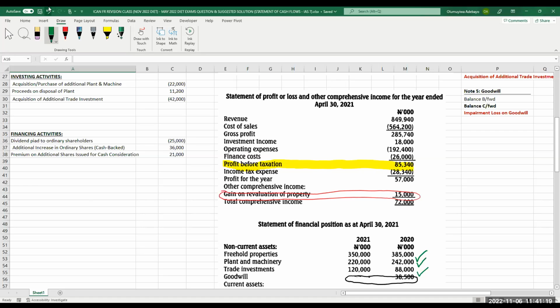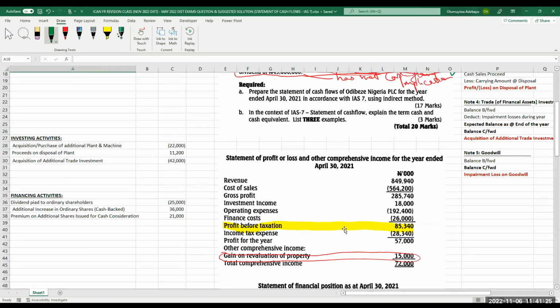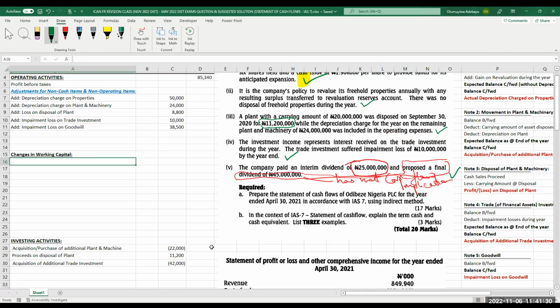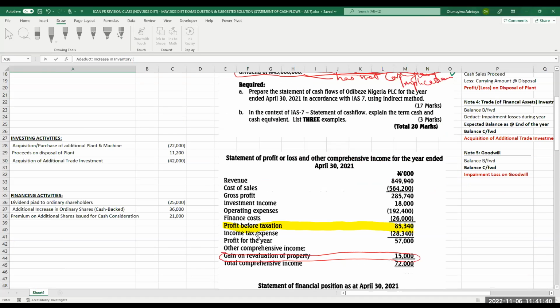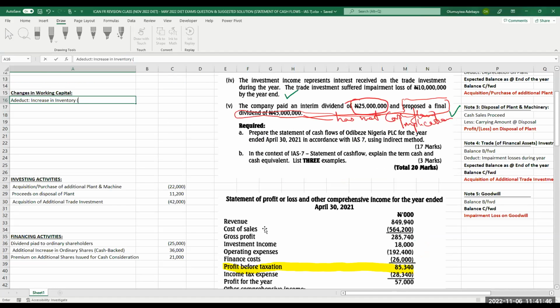Therefore, what do I do in this case? I come here and say, for this inventory, there has been an increase in it. Therefore, I'll deduct the increase in inventory. The inventory has increased from 265 to 325,700.